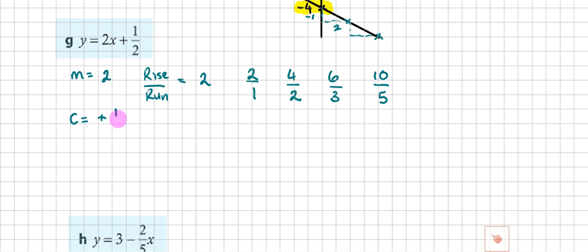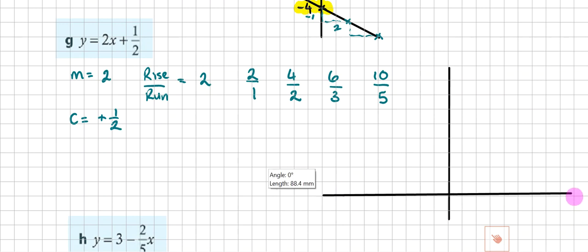Positive 1/2. So let's look at this. If I were to draw my axes, I'm not going to go too far into negative. Assuming, like I have been, that each square is worth 1, where do I cross the y-axis? 0.5, 1/2.